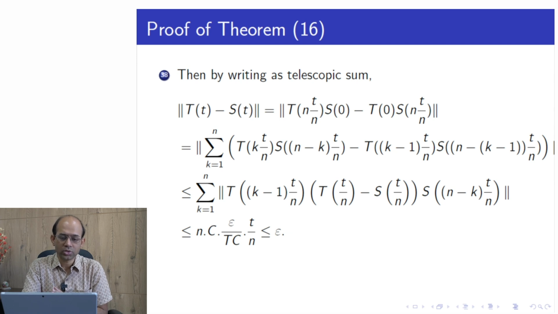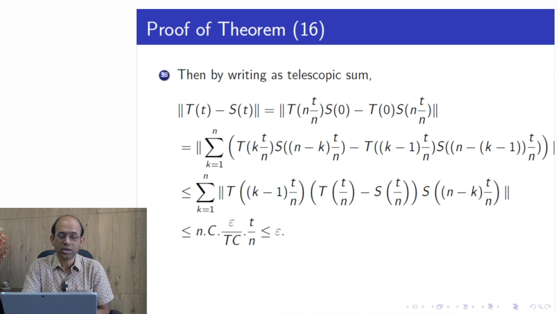There are three different operators, correct? So we write that as a product of norms of three different operators, and then these two things we consider together and this separately. For the norm of the difference, we are going to get epsilon by T times C, and then this t by n. So this part we get from this part.